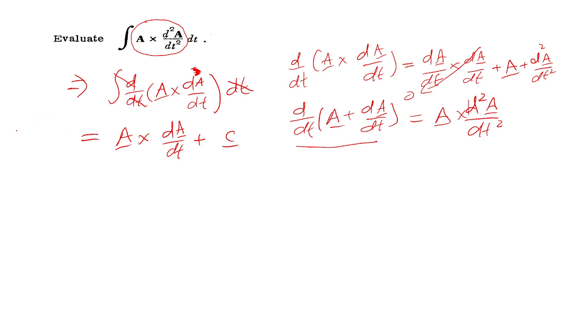So this is the value of the integral a cross d square a/dt square dt. So this integral has this value. When we integrate it, we get this one, and the explanation is given over here.